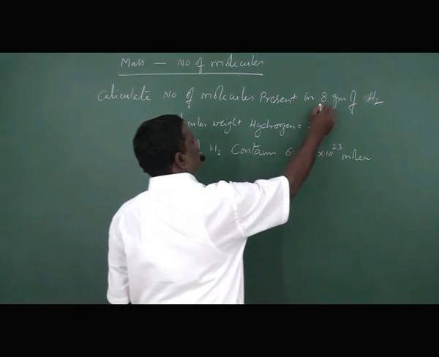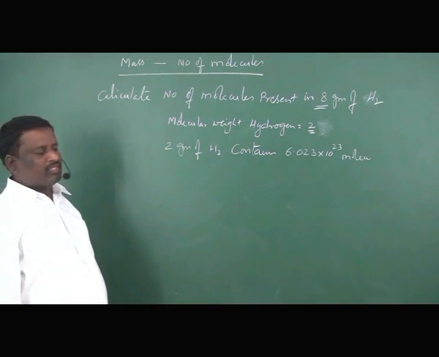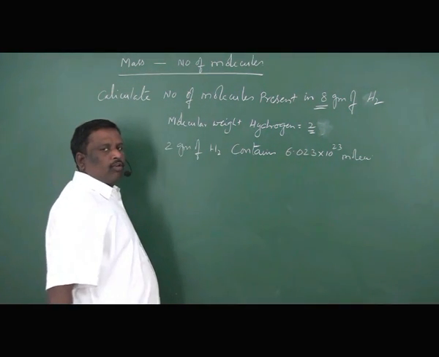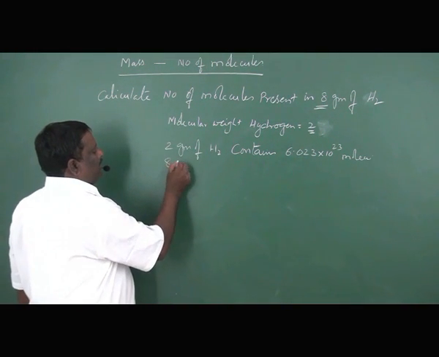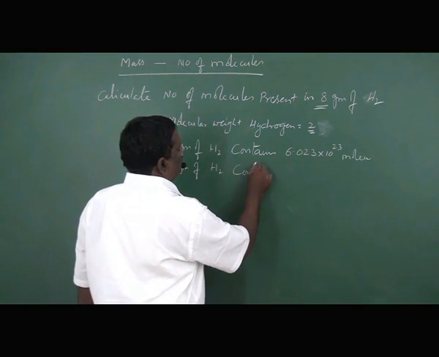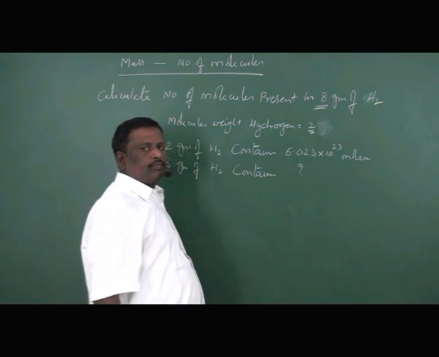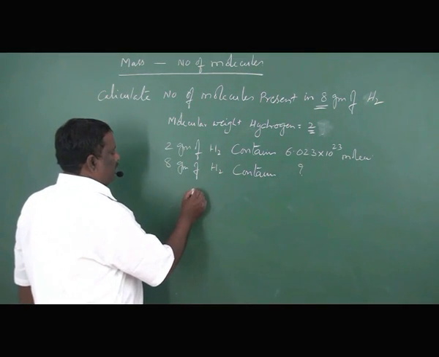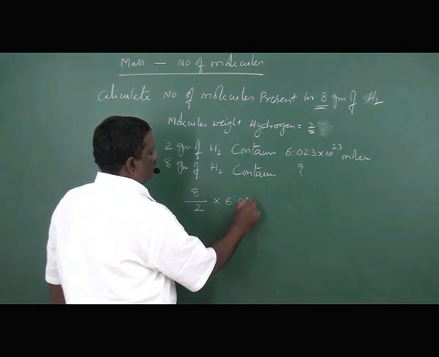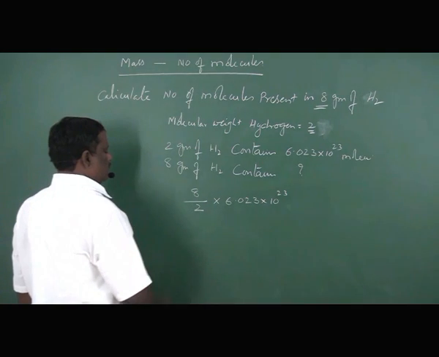Now they ask us to find the number of molecules present in 8 grams. So if 2 grams contains 6.023 into 10 to the power 23, then 8 grams of H2 contains how many molecules? 8 by 2 into 6.023 into 10 to the power 23.